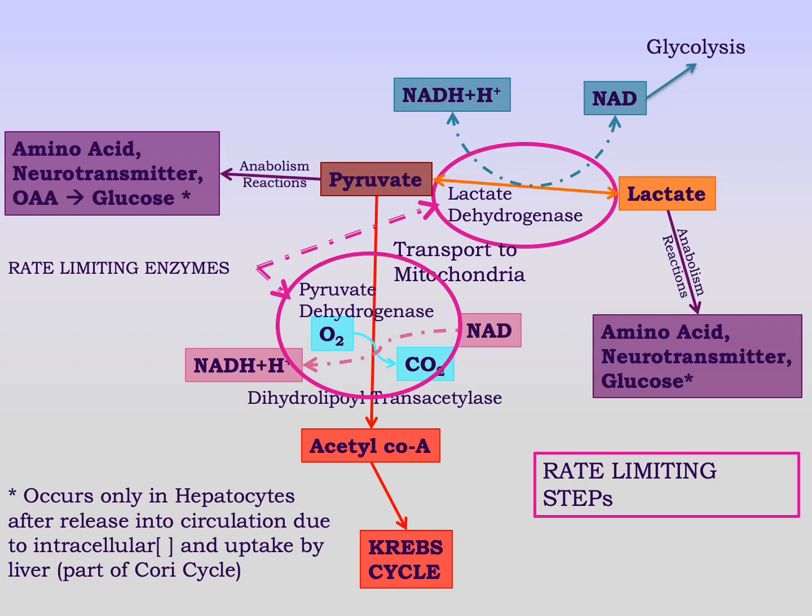In certain cells of the body, in particular the hepatocytes, and to a lesser extent the juxtaglomerular cells and the juxtanephronic cells of the kidneys, we will undergo a process known as gluconeogenesis, in which the pyruvate and the lactate that's in circulation will undergo reactions to go about producing glucose. And we'll give a little bit more detail into that in a second when we look at glucose itself.